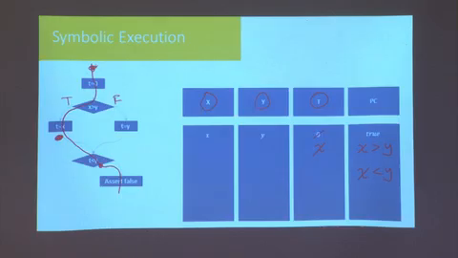Right? And once again, it's very clear that this path condition is unsatisfiable. We cannot have x greater than y and x less than y at the same time. There's no assignment to x that will satisfy both of those constraints. So what that tells us is, again, that this other path is also unsatisfiable.